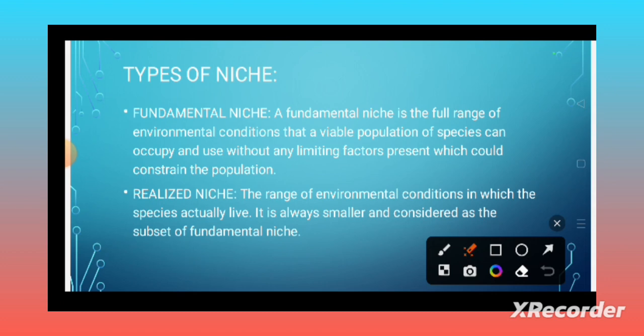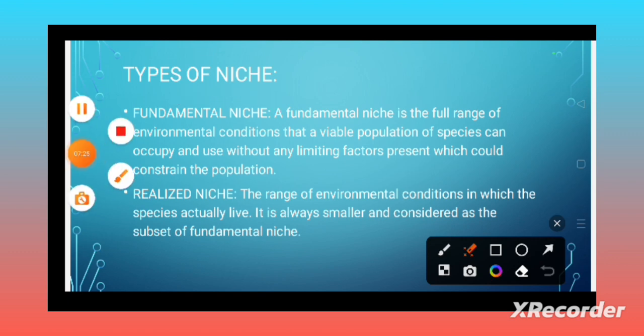There is no competition between organisms or within the organism, and abundant resources are available for the specific type of organism to survive in the fundamental niche. But in a real-life situation, the fundamental niche may or may not be present.